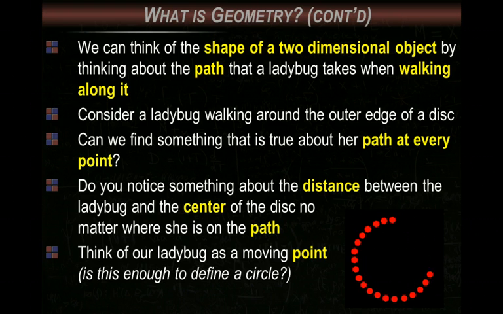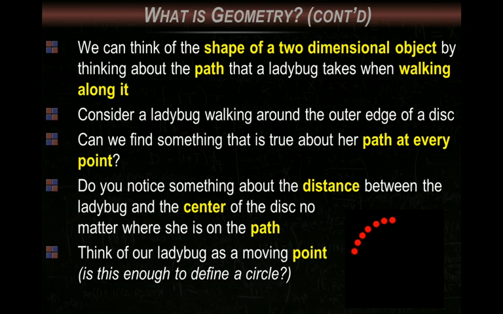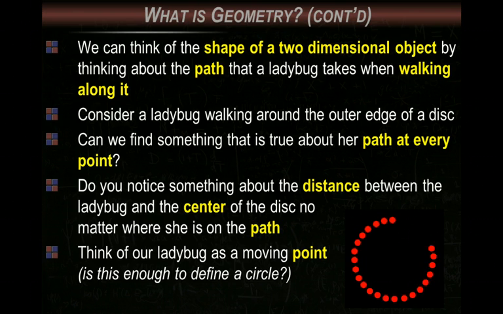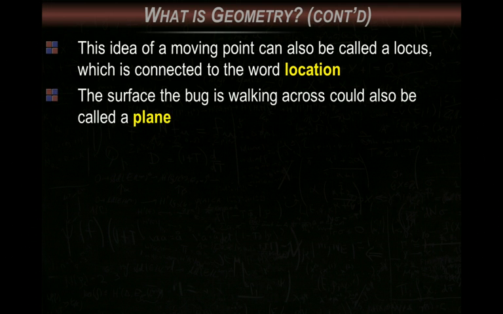We'd also know that each of these dots would be about the same distance away from the middle if we measured it. There's lots of things we can tell about it by that. Now, in fancy math terms, those dots are called loci or locus. That's related to the word location. That's where the word location comes from, is it's part of this idea of locating something.